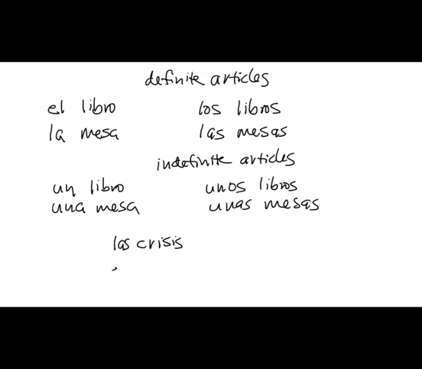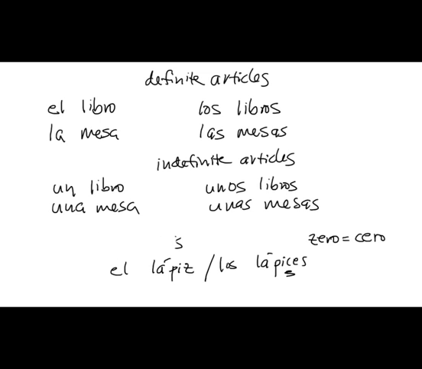We also have words that end in Z, for example, el lápiz, the pencil. The plural becomes los lápices. The Z changes to a C before E. You never have a Z before an E in Spanish. Even the English word zero in Spanish is spelled cero.